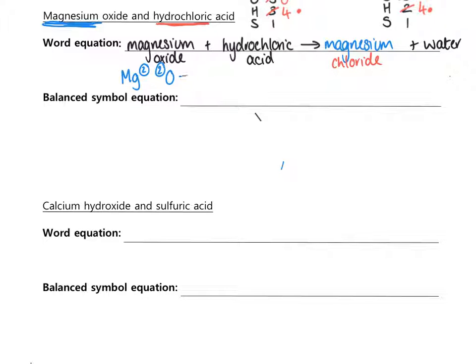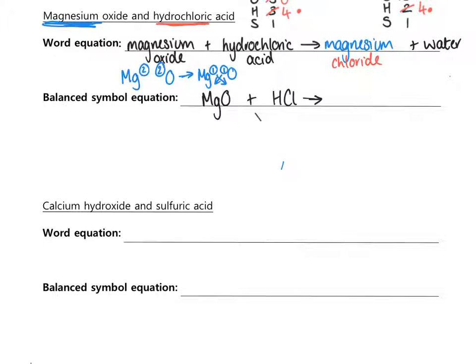We can see that that cancels down. Remember, we want our numbers in their simplest ratio. That cancels down to 1 to 1. Then when I swap and drop, I can see that those 1s will just cancel. And so I end up with MgO. Hydrochloric acid is simply HCl. And again, that's something you should be familiar with.